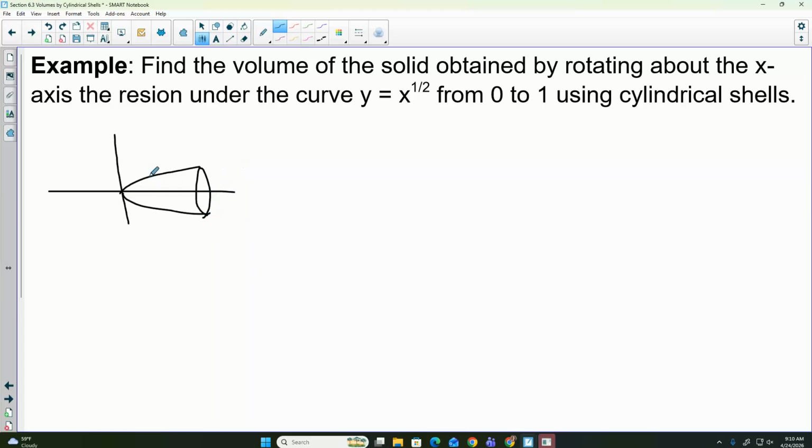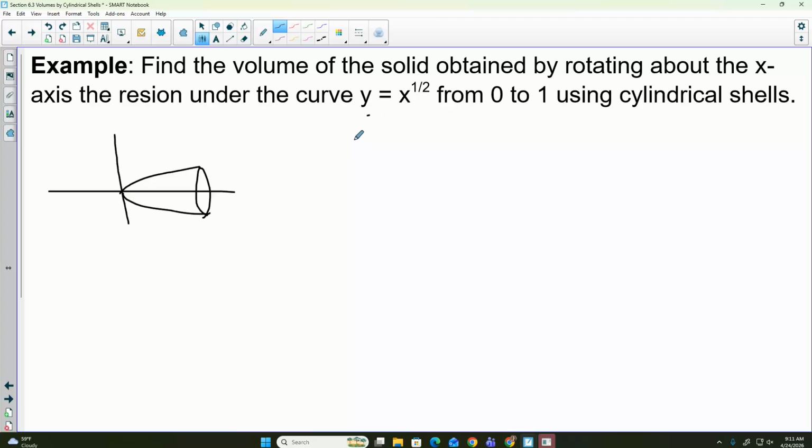Would I have to use shells? No, this is a very straightforward one that if I were setting up using the disk method, I would just go from 0 to 1. But because I specifically said let's try doing this with shells, we have to change our approach from what we were doing before.